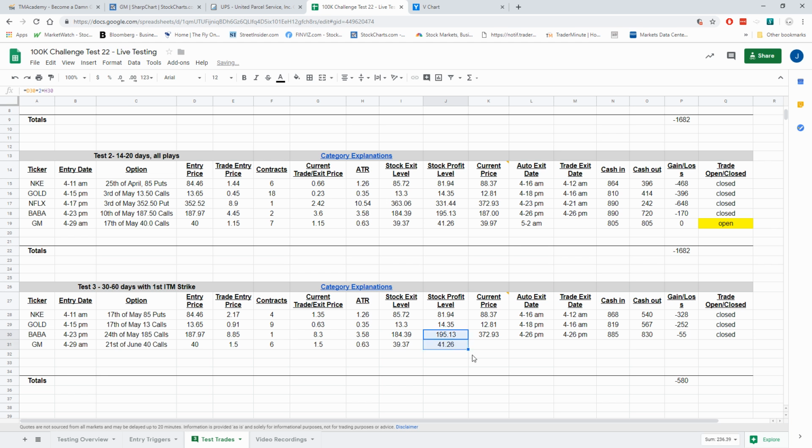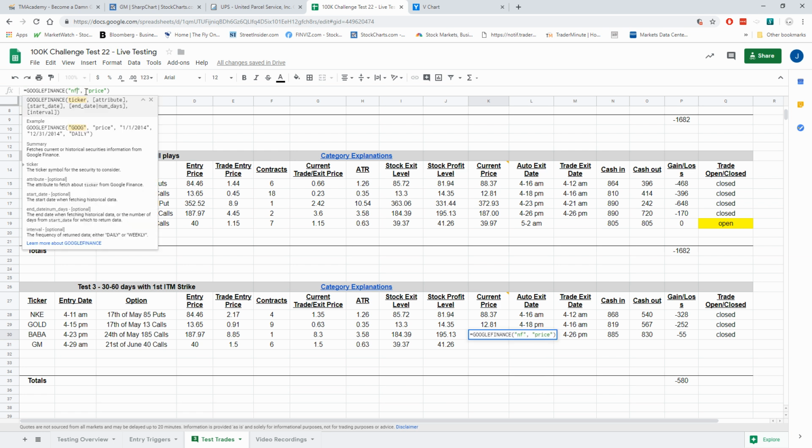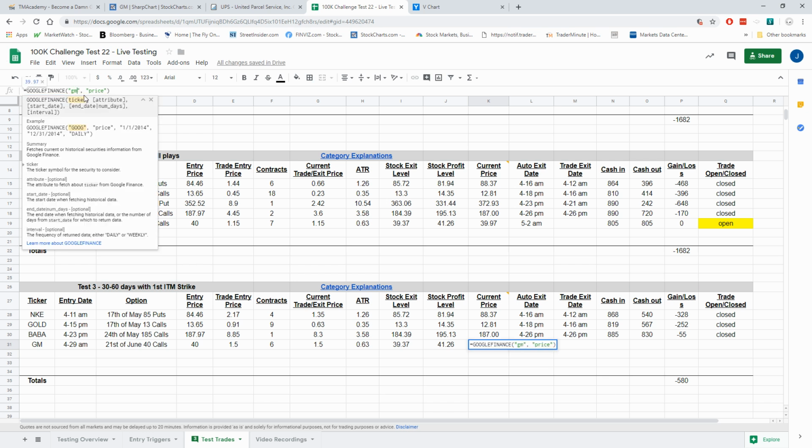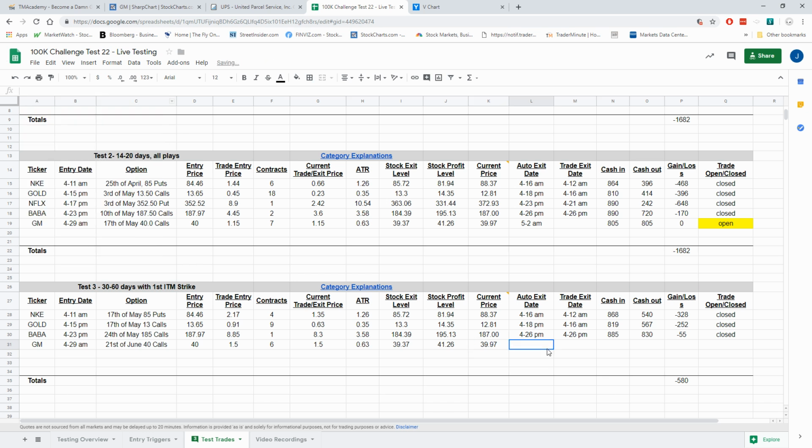So we'll get our stock exit, and exit levels are the same. And then we'll come in here and let's get this right here. There we go. And then we'll come down here to GM. All right, and the auto exit date is going to be the same as up here.